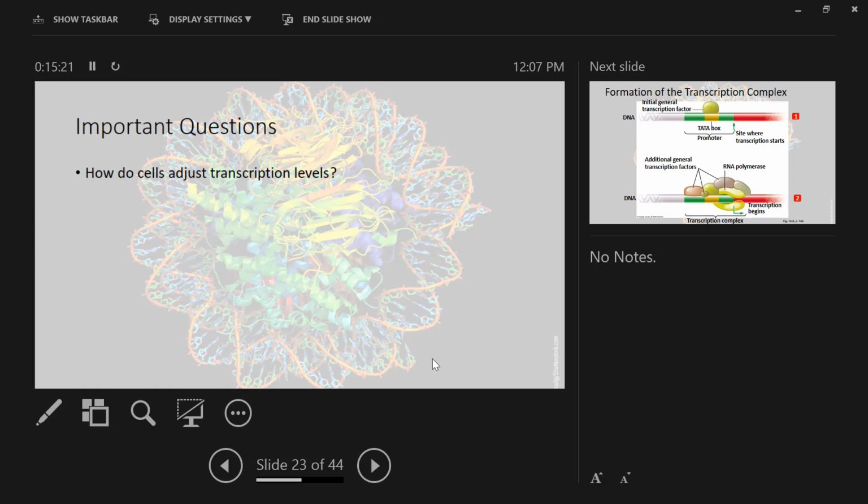Post-transcription. So obviously after it's transcribed, it can't be translated until it moves out of the nucleus, right? So you have to regulate its transportation.